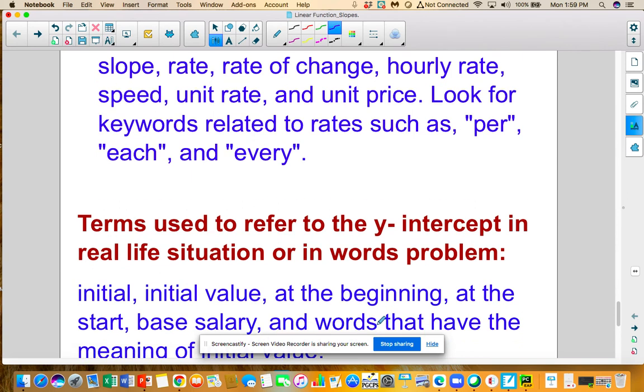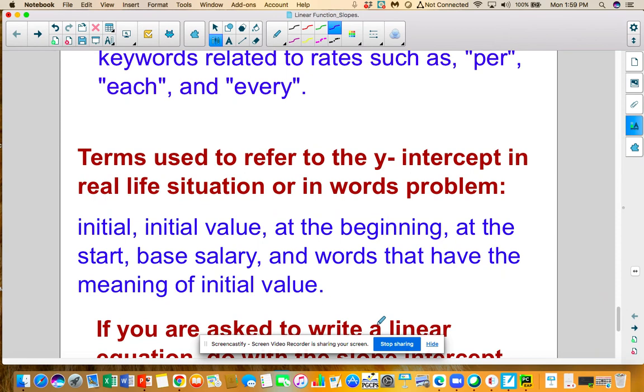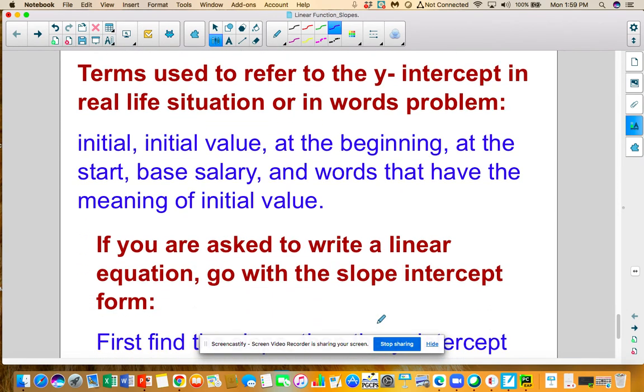Terms that are used to refer to the y-intercept in real life or word problems are initial value, at the beginning, from the start, base salary, and words related to the meaning of a starting point or starting value.